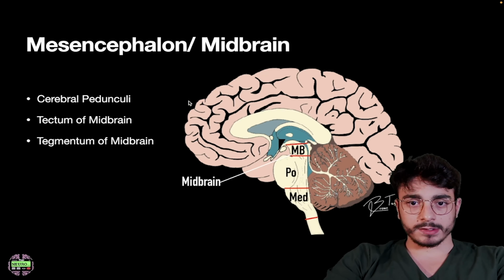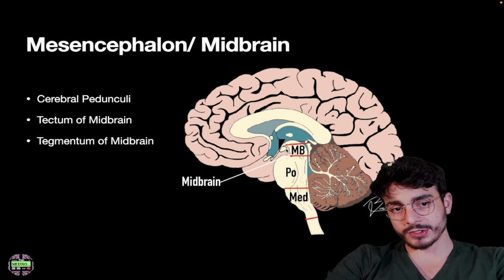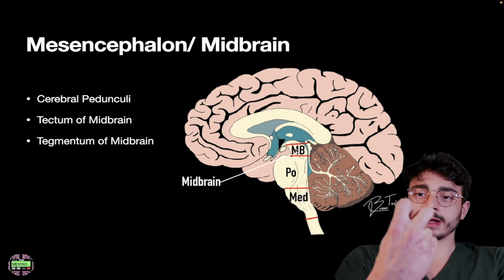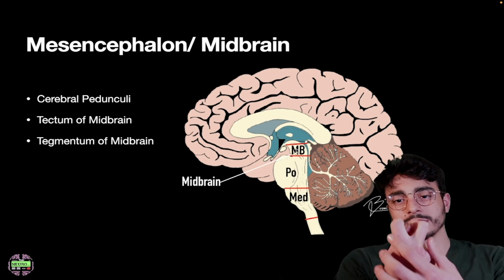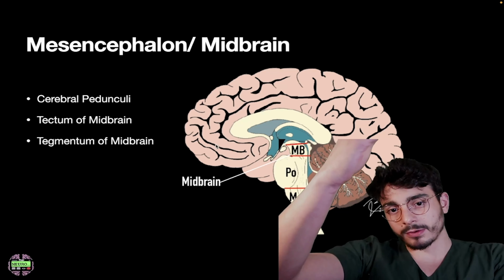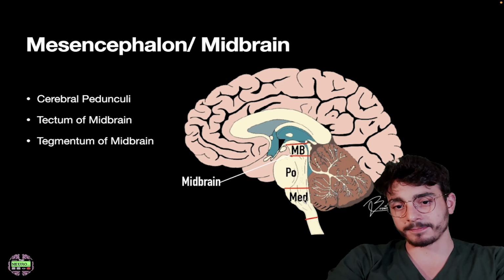Okay, so the mesencephalon, or the midbrain, is this specific region that will give rise to the cerebral peduncles, the tectum of the midbrain, and also the tegmentum of the midbrain. The cerebral peduncles are two stem-like structures that connect the forebrain to the pons and downward, let's say.